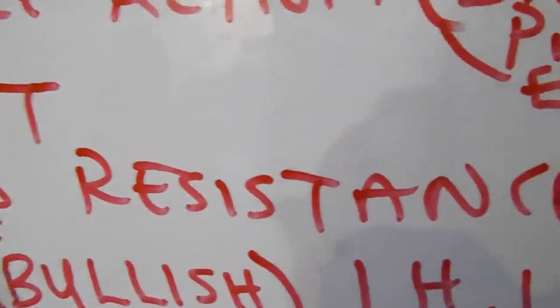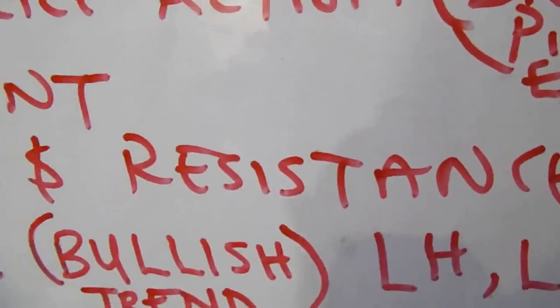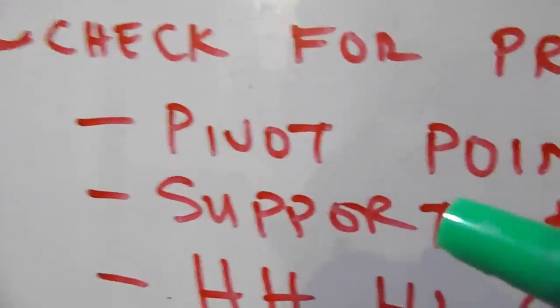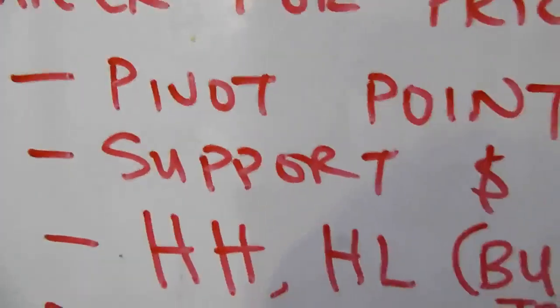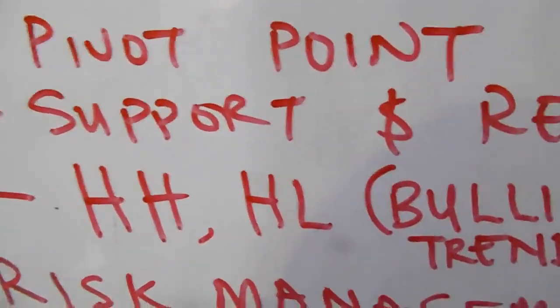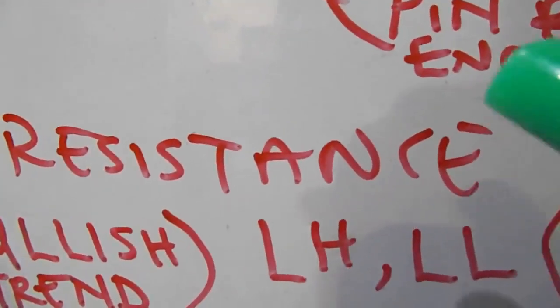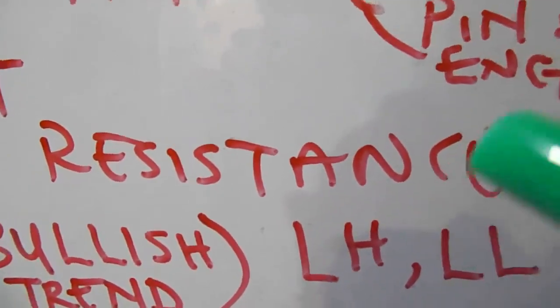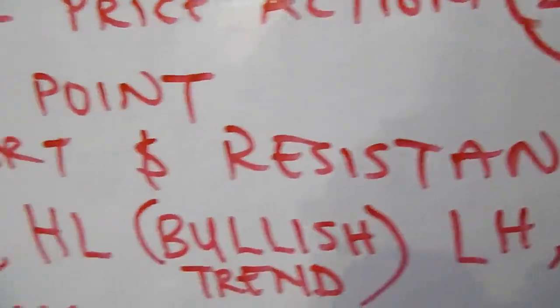But there are times where there will be manipulation, where instead of buying at the support, you need to continue to sell. Okay, so there are such times that, instead of selling at the resistance, you may need to continue to buy. So you have to look out for those things.